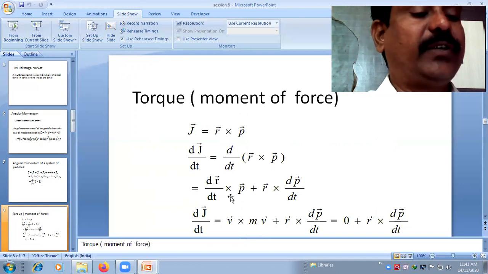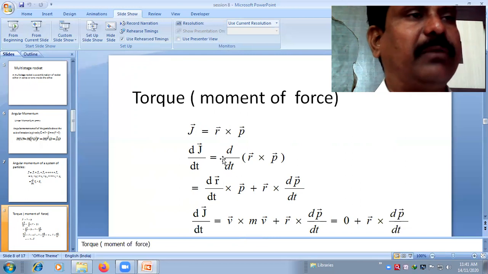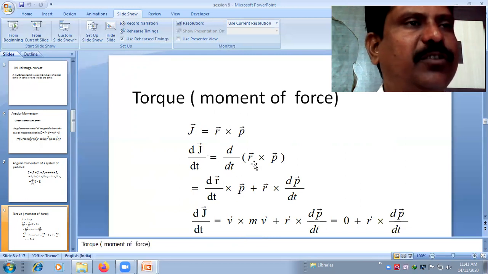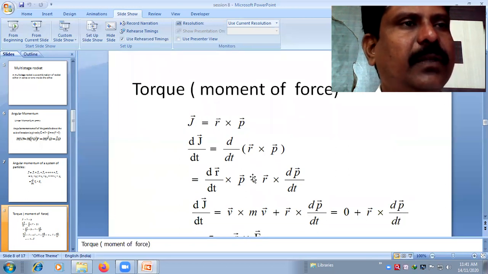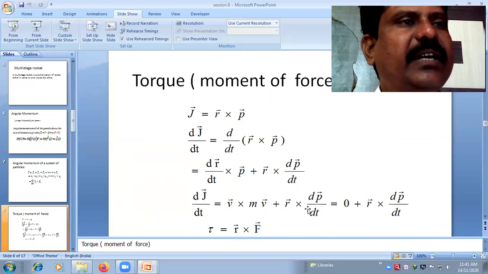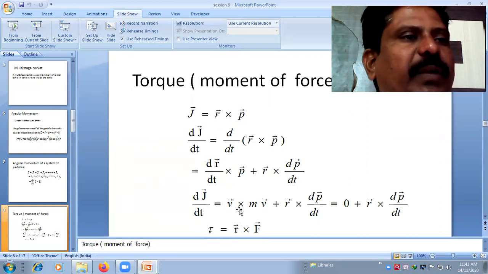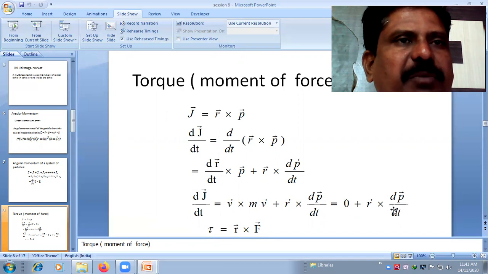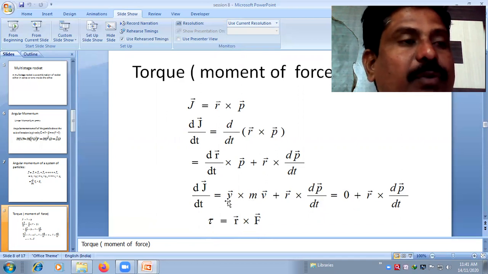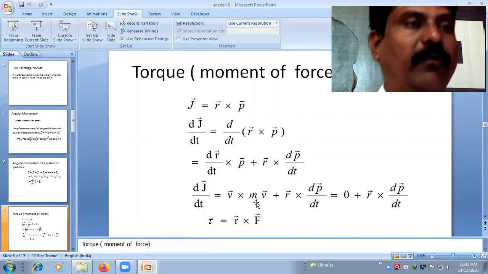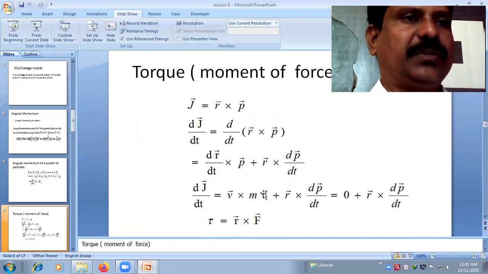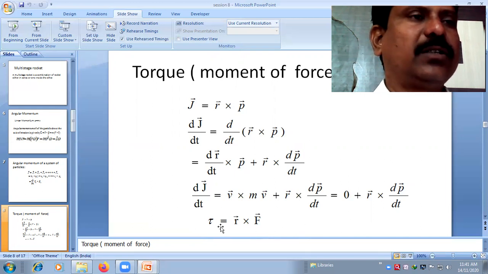Then the angular momentum J equals r cross p. So dJ/dt equals d/dt of (r cross p), and differentiating using the product method, dr/dt cross p plus r cross dp/dt. But dr/dt is v, so v cross m v plus r cross dp/dt. Here v cross v is zero according to vector notation, so we are left with r cross dp/dt.